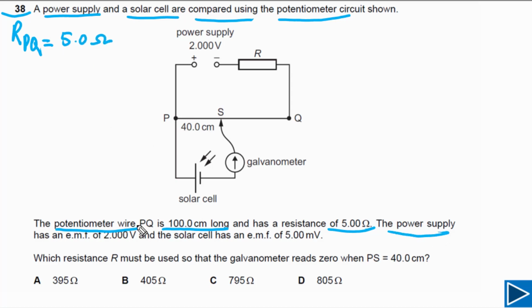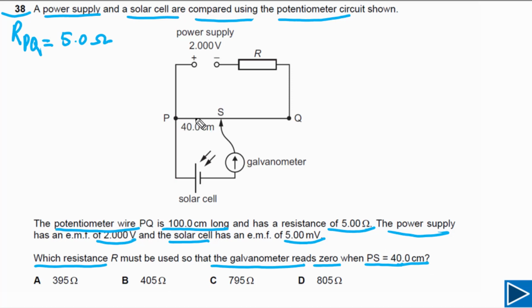The power supply has an EMF of 2.0 volts and the solar cell has EMF of 5.0 millivolts. We need to find out which resistance must be used so that the galvanometer reads 0 when PS is equal to 40 centimeters. Now let's try to answer this one step by step.